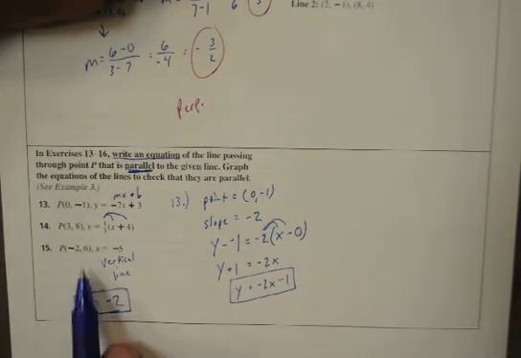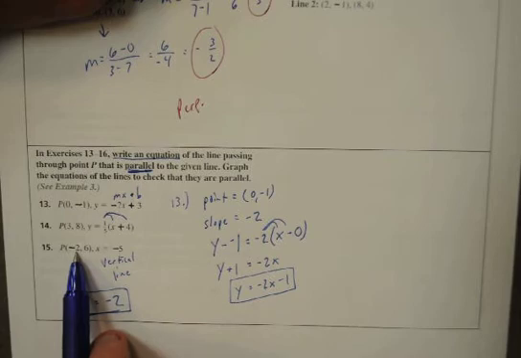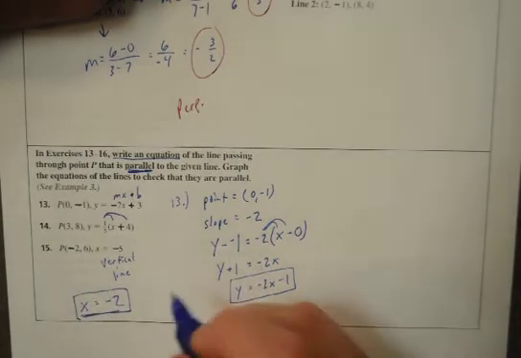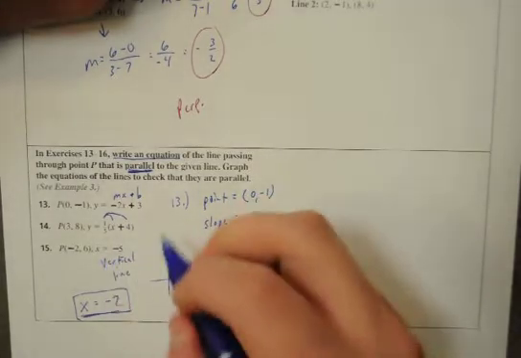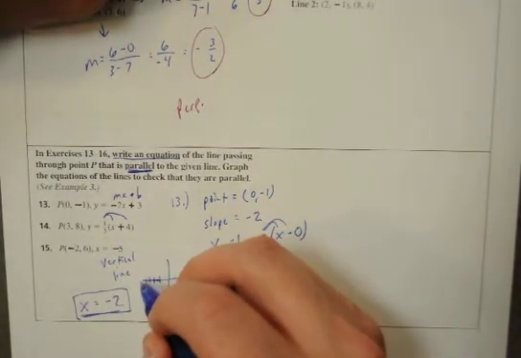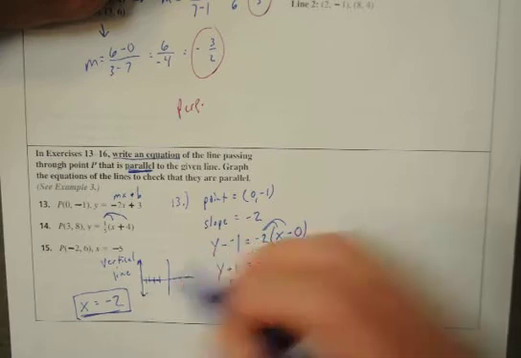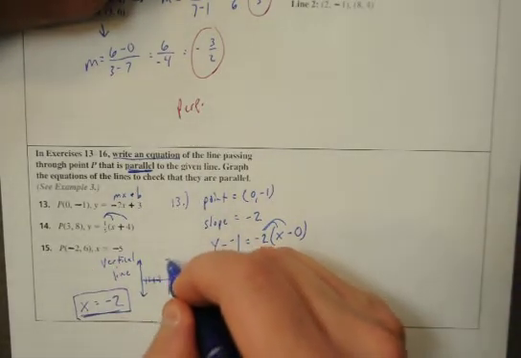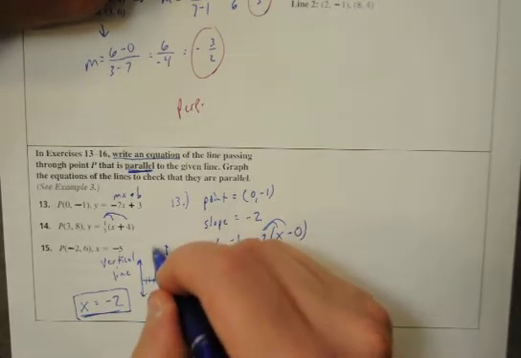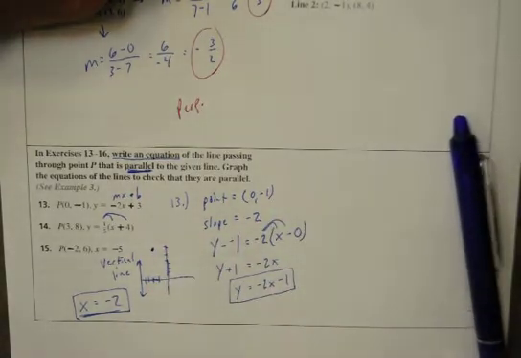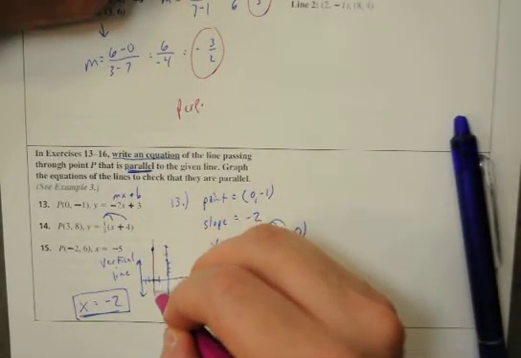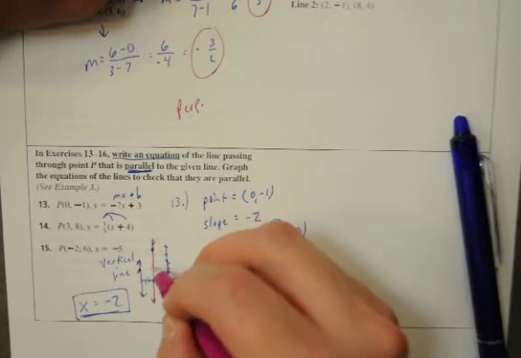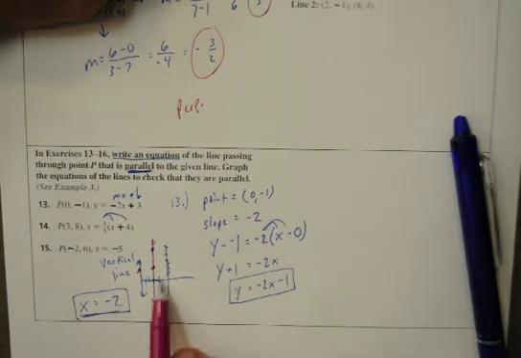It's got to go through this x value, -2. So you need this line right here, which would be parallel, and it is just x equals -2.